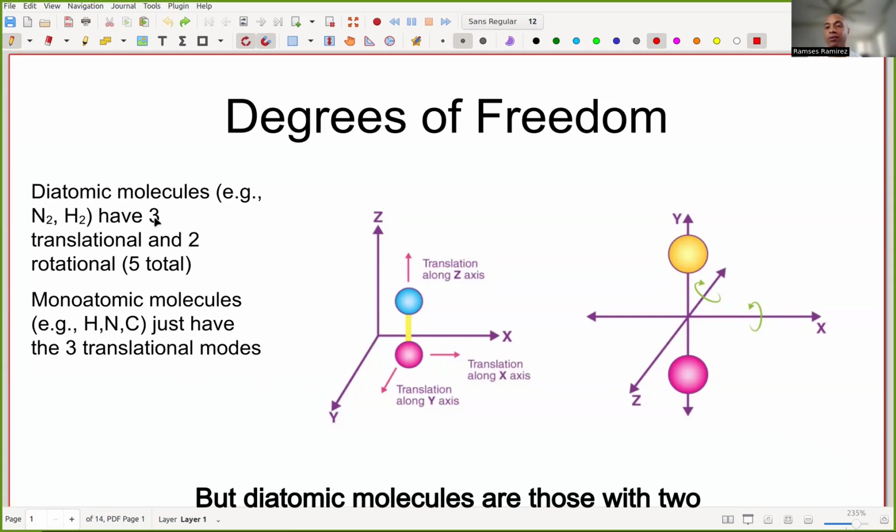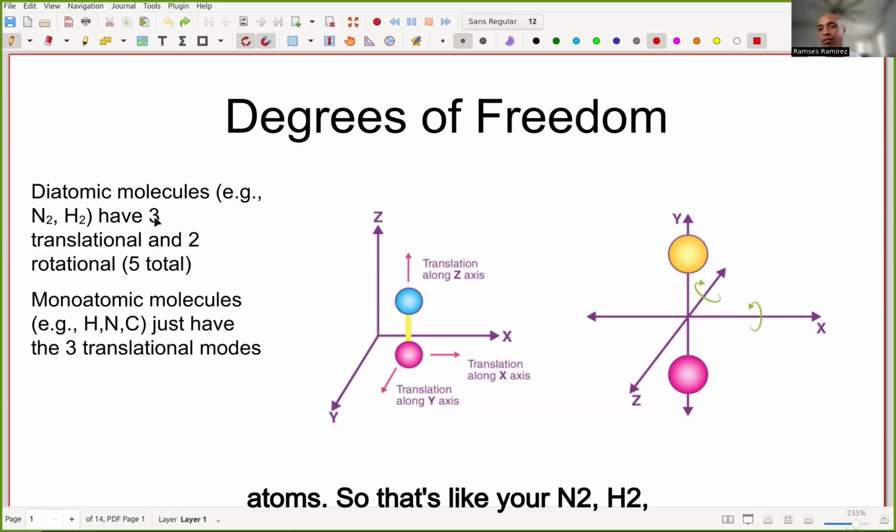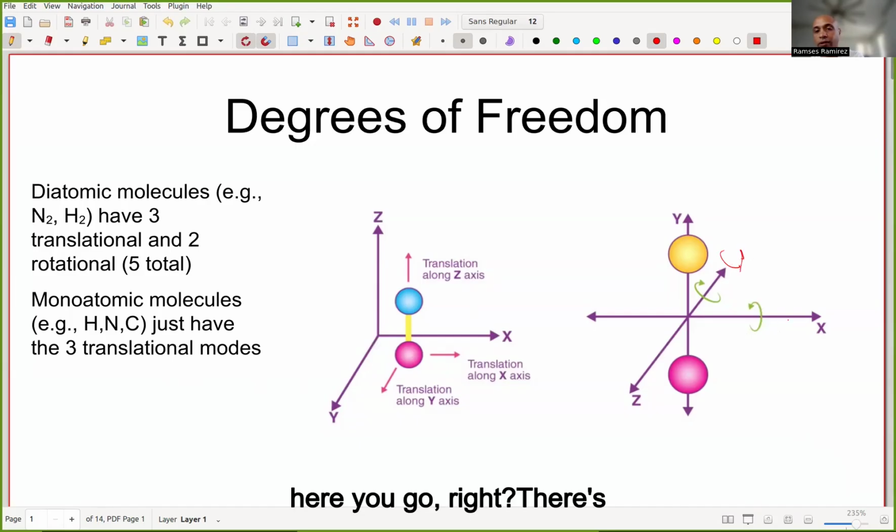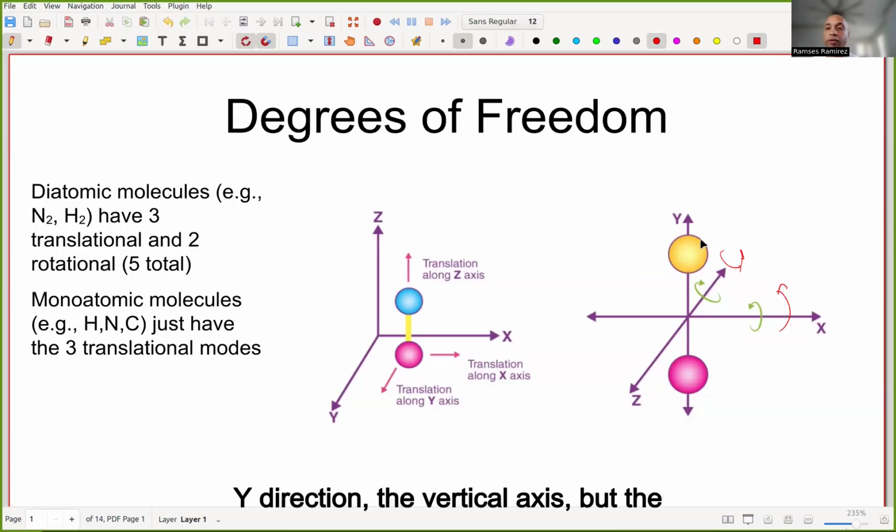But diatomic molecules are those with two atoms. So that's like your N2, H2, CO molecules. And they have, in addition to your three translational modes, they can rotate in both the X and Z directions, right? There's potential movement around the Y direction, the vertical axis, but the problem with that is it doesn't contribute to heat capacity calculations, which is what we care about degrees of freedom for, is getting values like the heat capacity or specific heat capacity with constant pressure or constant volume.